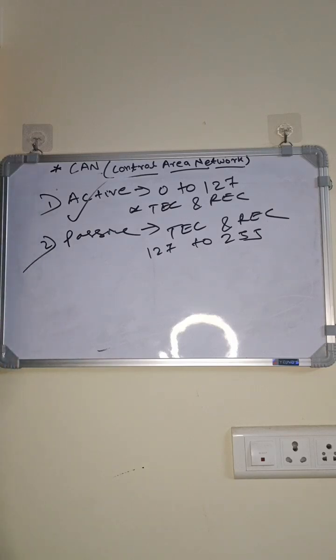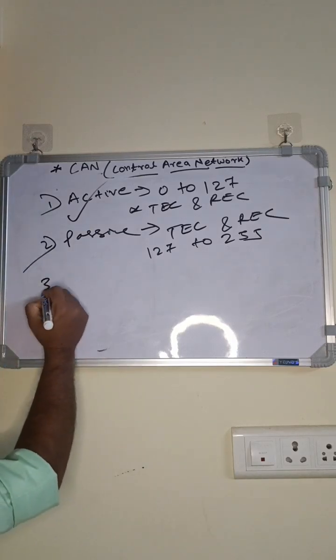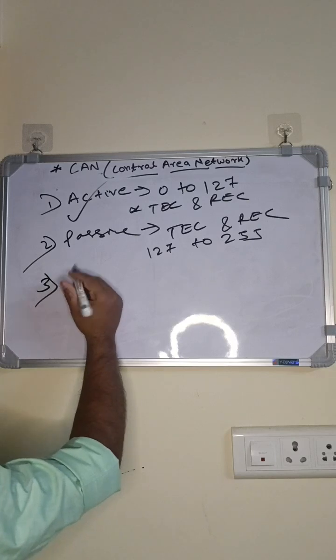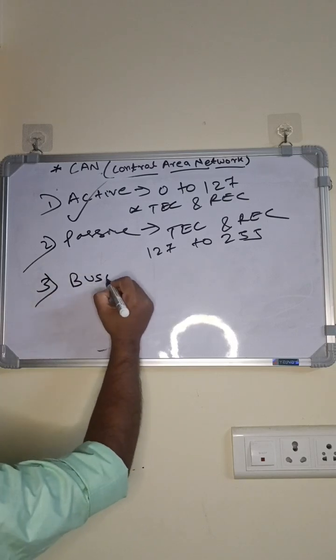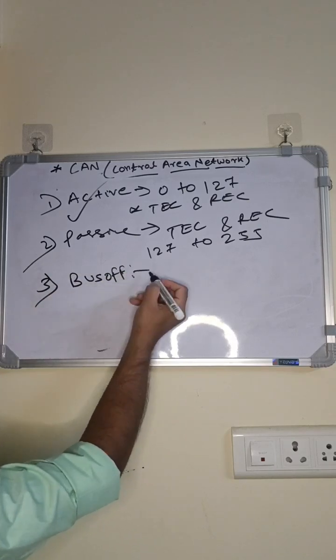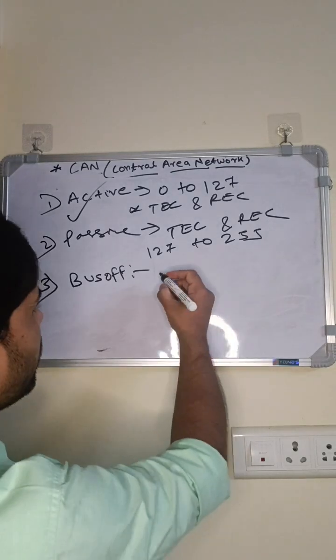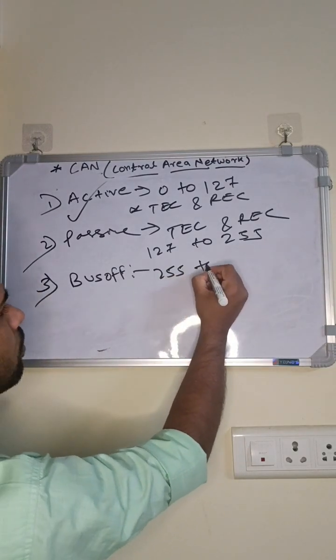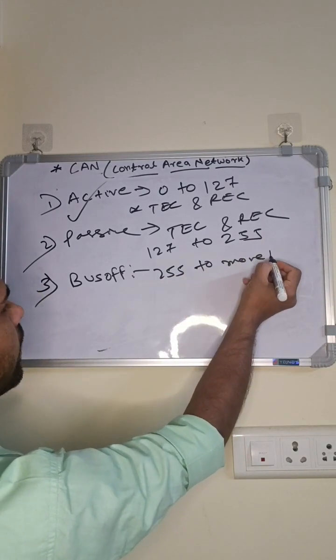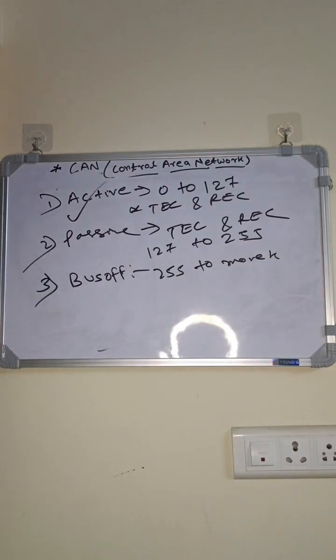Okay. Now the third one is bus off. So in bus off, the transmit error counter is more than 255. Okay, more than that is known as the bus off error state.